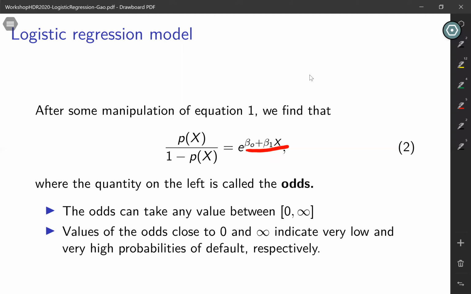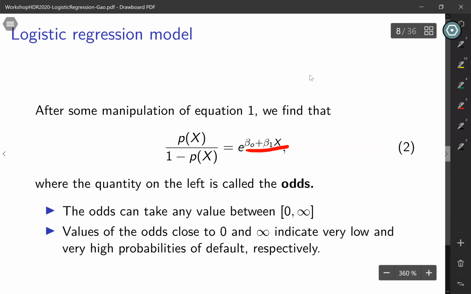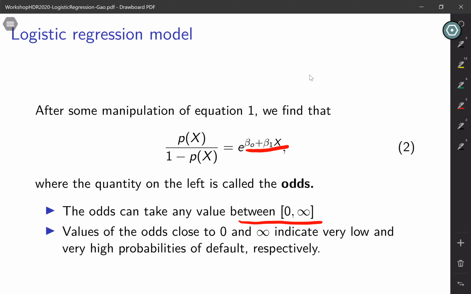When we do this, the range becomes different. If we define p of x as a probability function, then the range of the left side turns to 0 to positive infinity. This indicates that we have a wider range now.